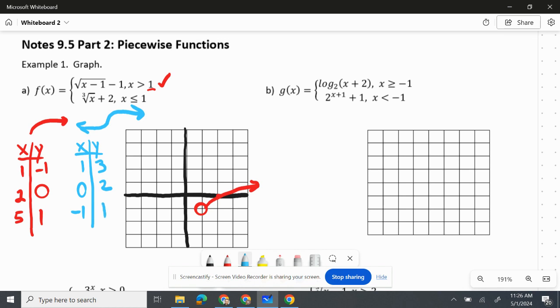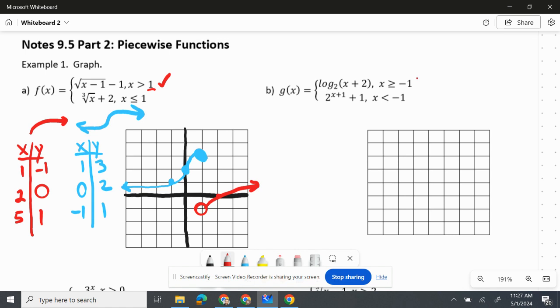So what I have is at 1 and 3, I have a closed circle. And then I have 0, 2, and I have negative 1 and 1. So my cube root is going to look like this. So the next one, what we have is a logarithm.